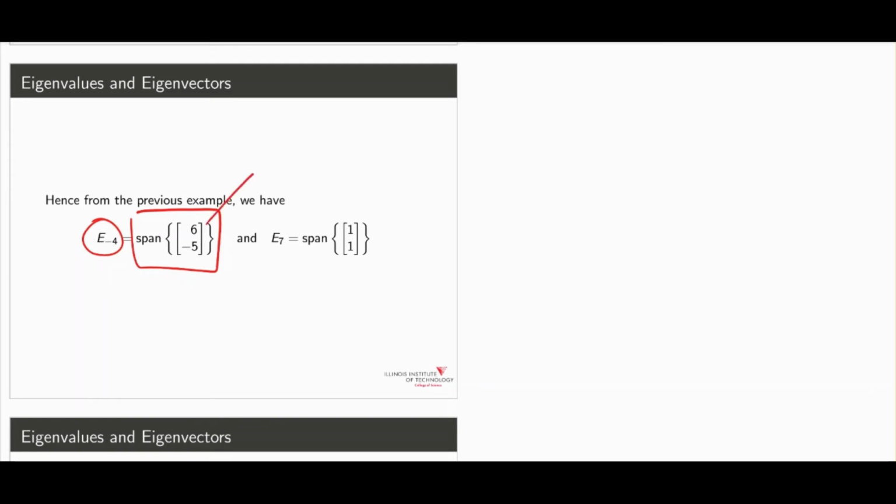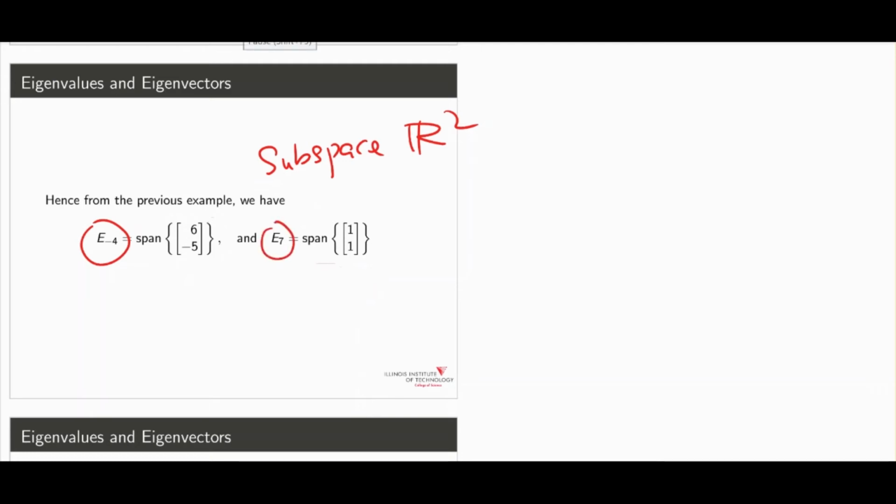This is actually a subspace of R2. And E7 is the span of the vector 1, 1. Again, the span of any vectors is a vector space, so this is also a subspace of R2. That's the reason why we call them eigenspaces. They are actually vector spaces.